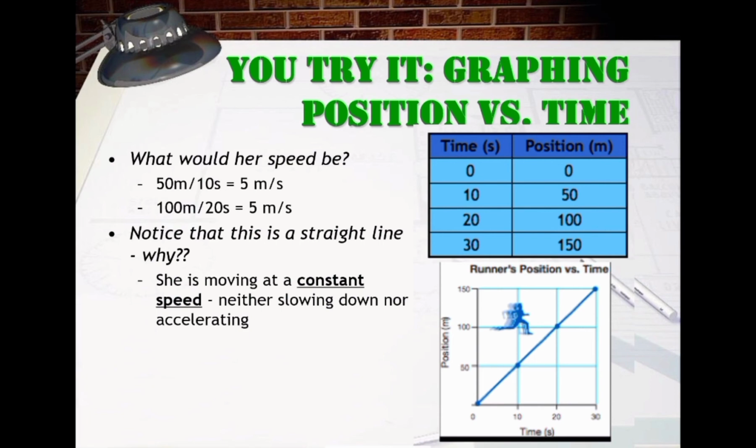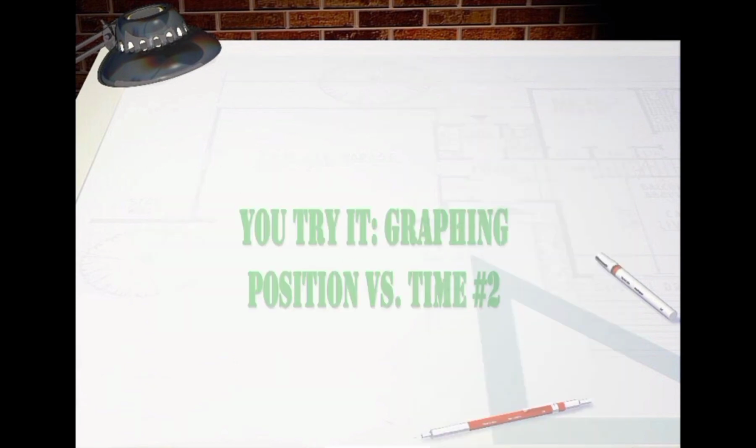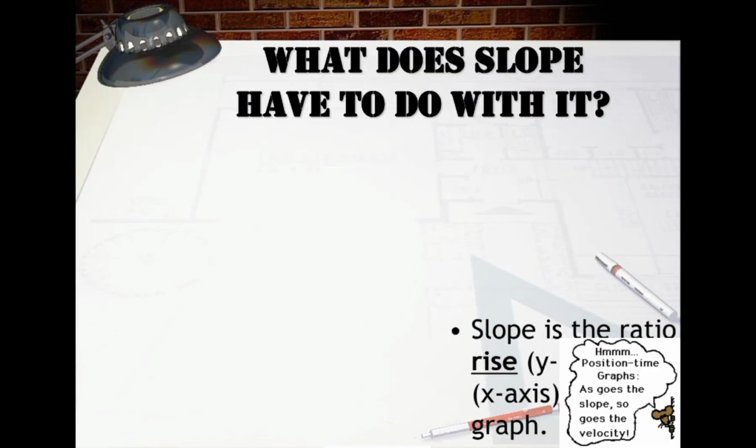For speed, we will choose any point of distance and divide it by time. Suppose we take the second point when time is 10 seconds and position is 50 meters. Speed is equal to distance upon time. That means 50 meters divided by 10 seconds is equal to 5 meters per second. For every distance, we can see speed is constant.